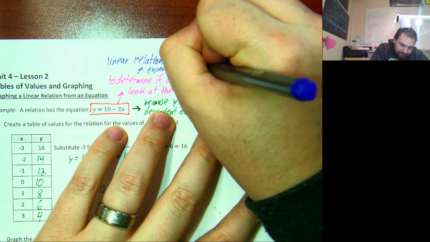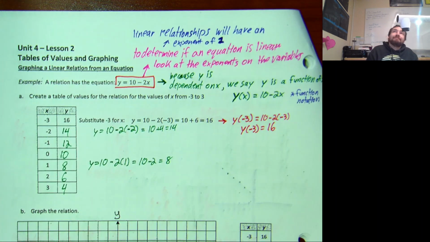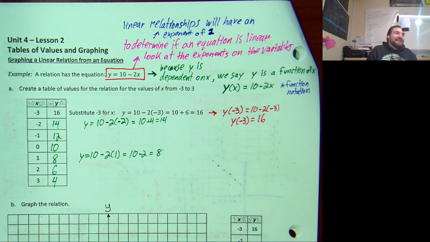Always. What if we don't? Then they're not linear. This is like a definitive is or is not. Exponent 1, yes, linear. Exponent's not 1, is not linear. Always. There are no exceptions to that.